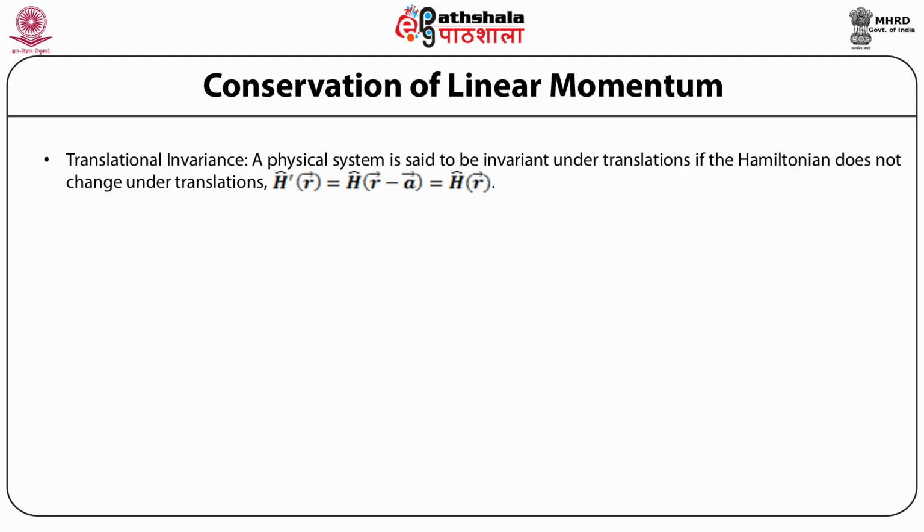That means if we have the Hamiltonian operator H, which undergoes a transformation to the operator H prime under such a translation, then we can define the new Hamiltonian operator H prime as a function of position vector r as operator H as a function of position vector r minus position vector a, and which turns out to be equal to operator H as a function of position vector r. That means that the Hamiltonian operator remains invariant under such a translation.